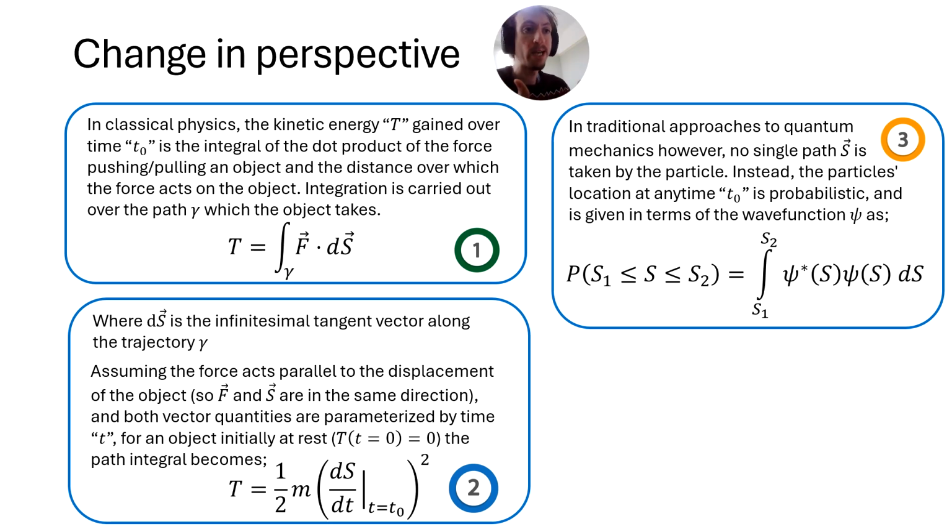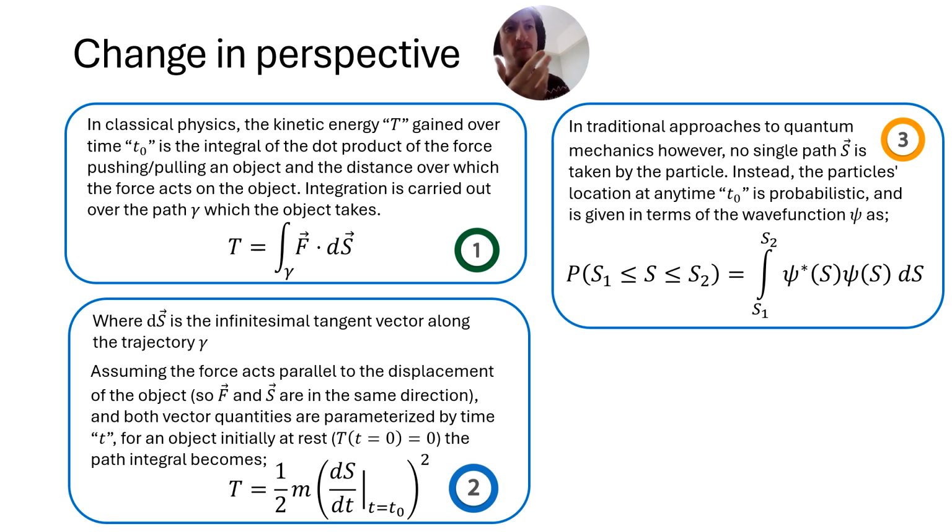Instead, with quantum mechanics, we're stuck with a probabilistic description of matter. And you get the probability by integrating over the modulus squared of the wave function. Now, the modulus squared is just the wave function times its complex conjugate.